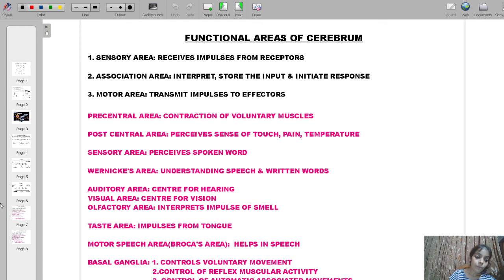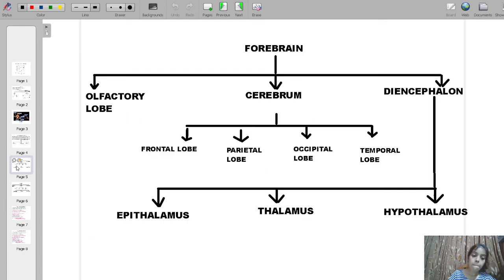Now, apart from these lobes, there is another lobe, and that is the limbic lobe, limbic system. What is it concerned with?